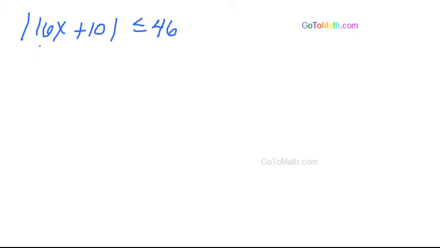So the first thing we'll do is go ahead and drop the absolute value bars. Remember, this is an AND, because it is pointing to the left.